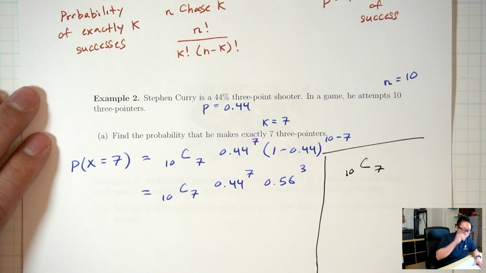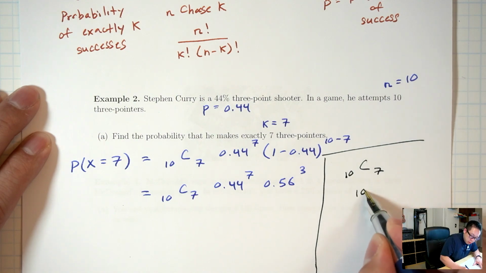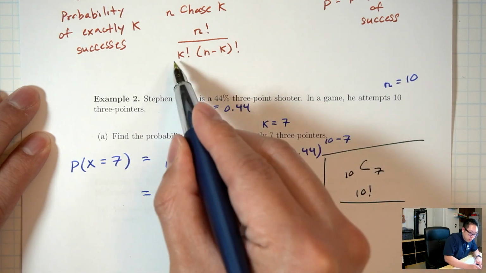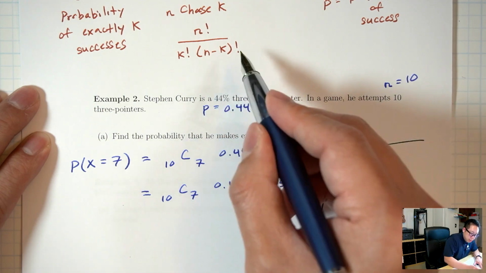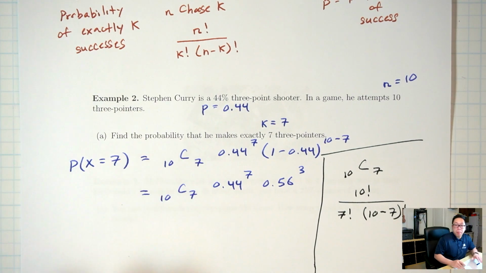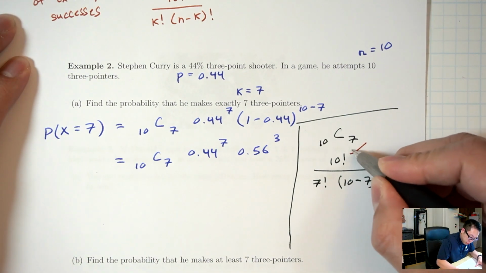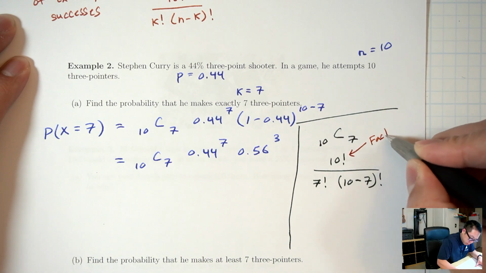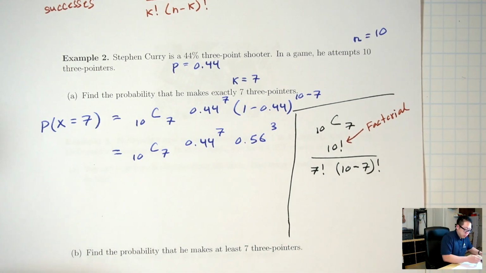So the formula is n factorial. In our case, n is 10, so 10 factorial, over k factorial, so 7 factorial, and then n minus k factorial, 10 minus 7 factorial. The exclamation mark, like I said, stands for factorial. Okay, so let me simplify this 10 minus 7 first.